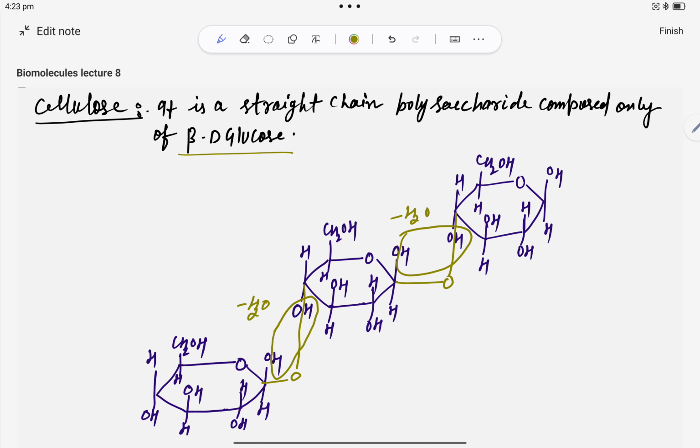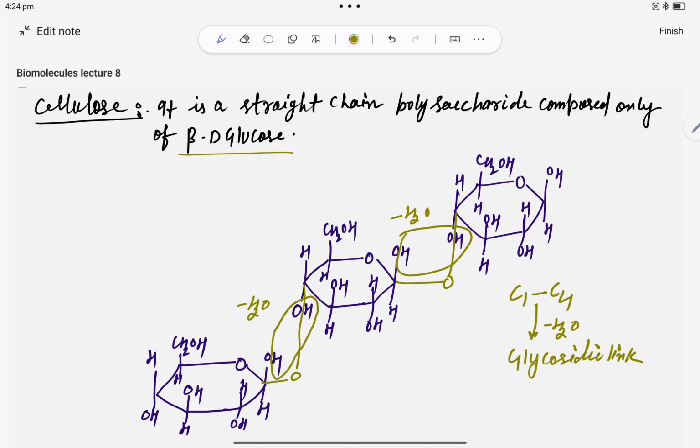Glycosidic linkage. So C1 C4 connect, remove water and make a glycosidic linkage. So beta D glucose units are connected, and this is the formation of cellulose.